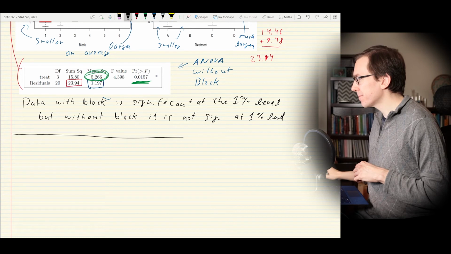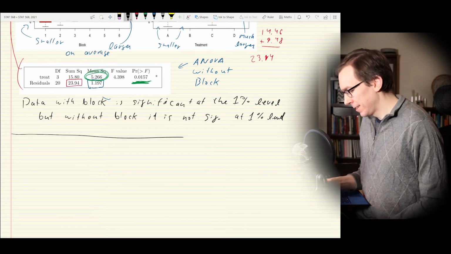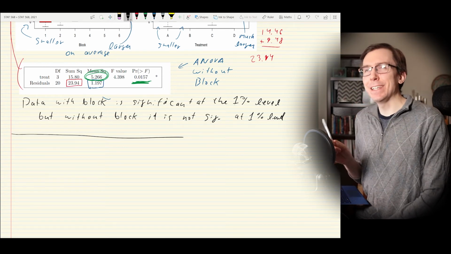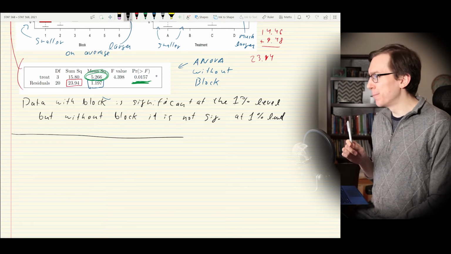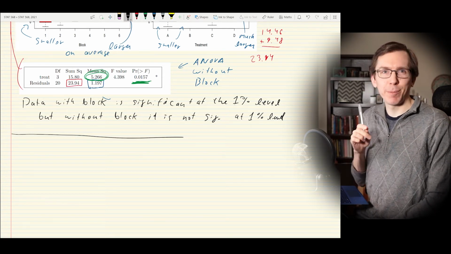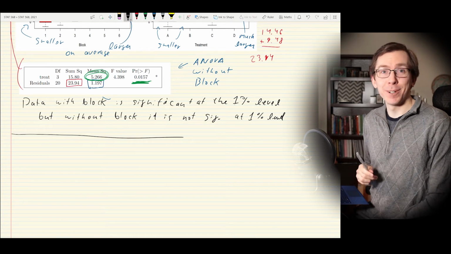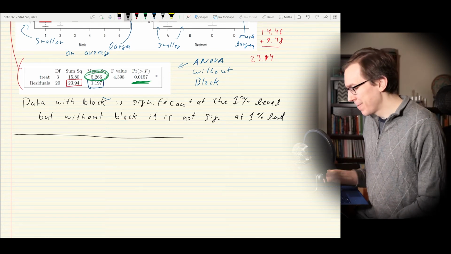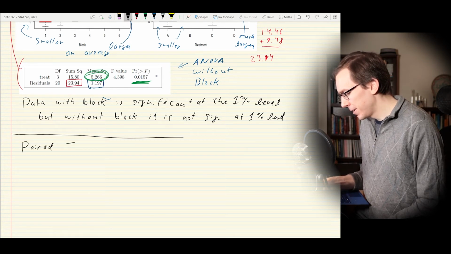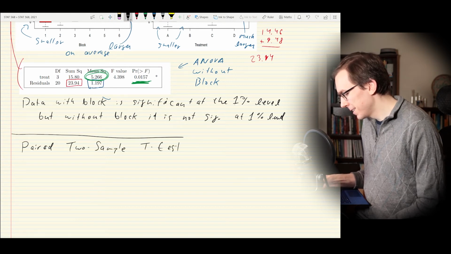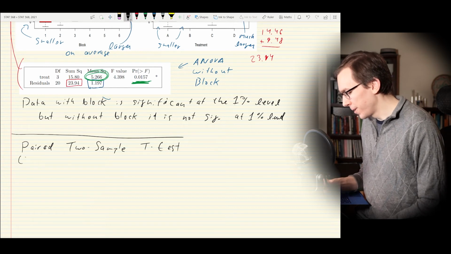So I guess the idea is that even if you've never heard of a complete randomized block design before, you've probably seen it in a Stats 101 or 102 class in the form of a paired two-sample t-test, or unpaired.